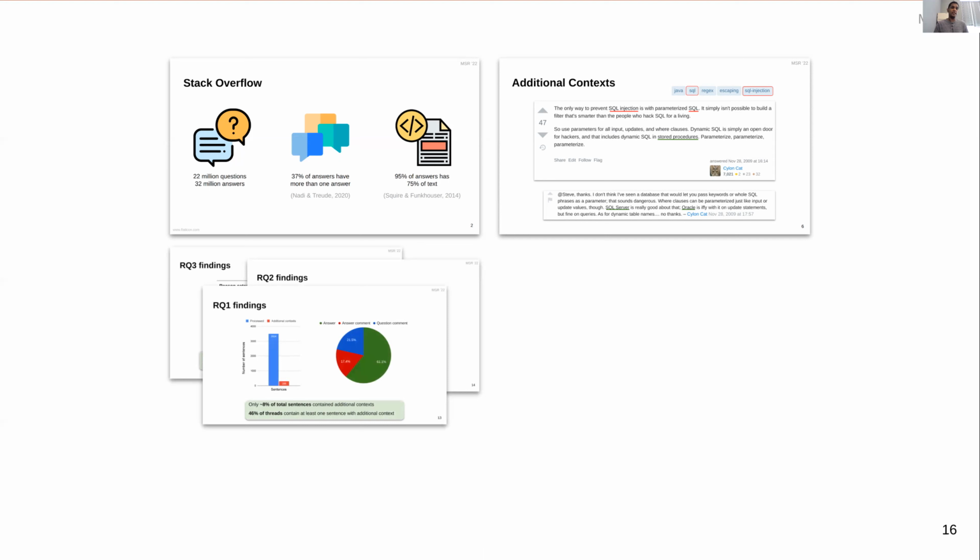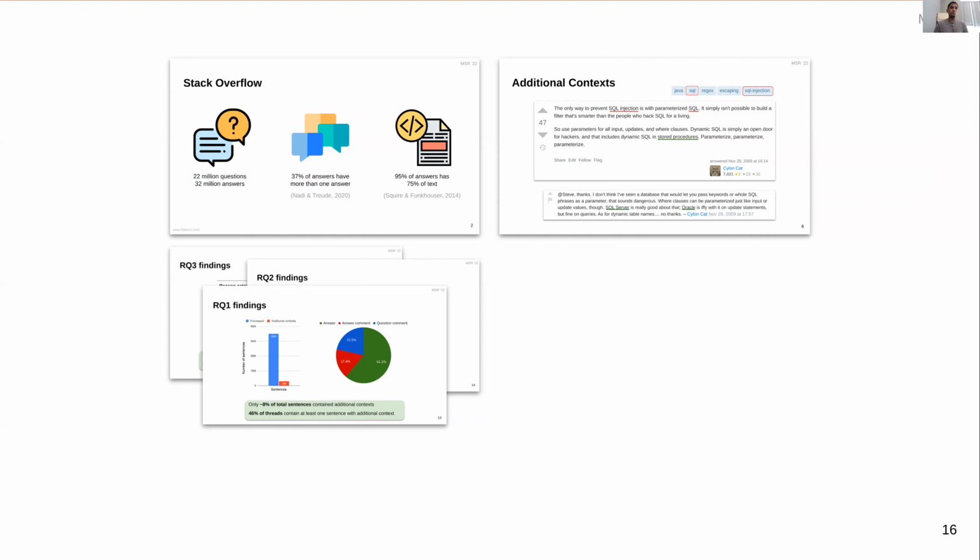Our results indicate that only a smaller percentage of sentences contain additional context, and half of the threads that we analyze contain at least one additional context. And also we found that 45% of the threads that contain additional context either belong to API, library, framework, or programming language, or some sort of a technical context.